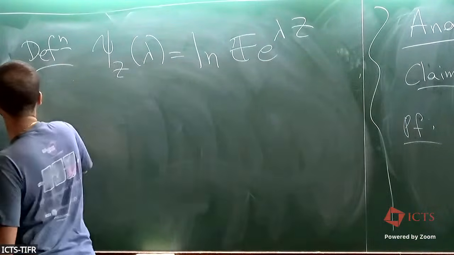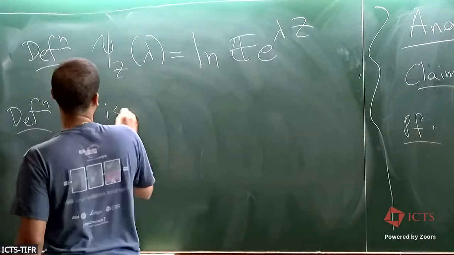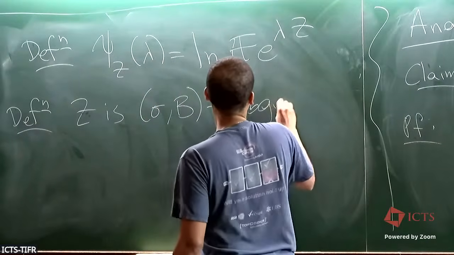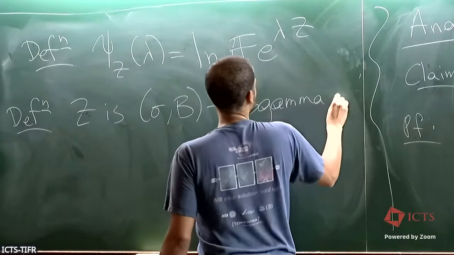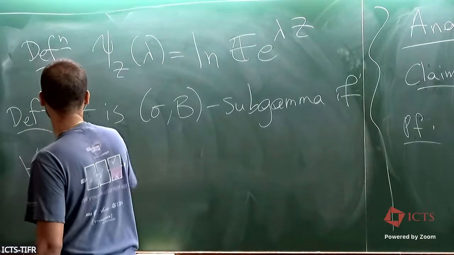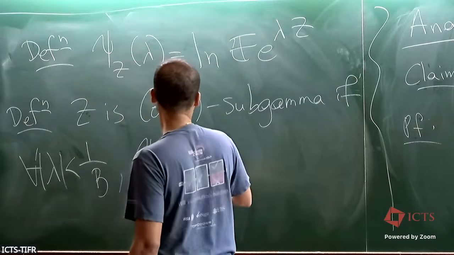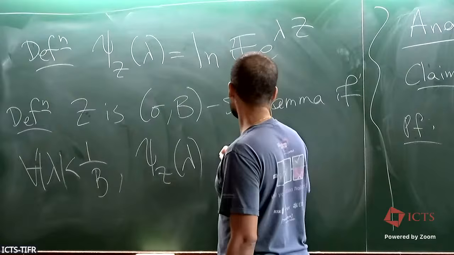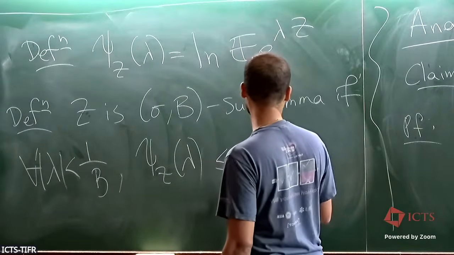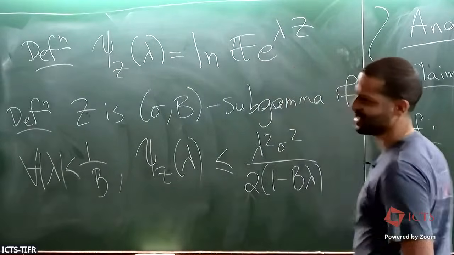And definition: z is (sigma, b) sub-gamma if for all lambda less than 1 over b in absolute value, psi z of lambda is at most lambda squared sigma squared over 2 times (1 minus b lambda). I think this is the definition that you'll find in textbooks.